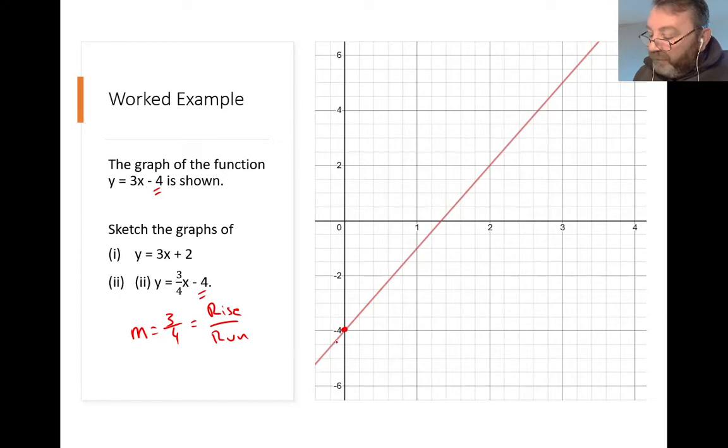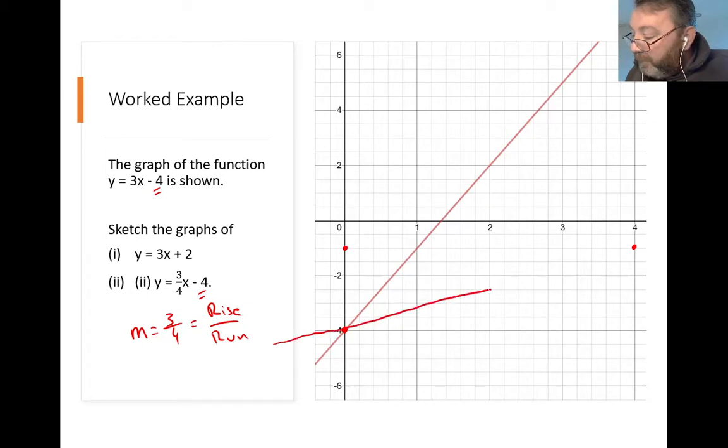So if I take my starting point as minus 4 on the y-axis, to get another point on the new line, I'm going to rise up 3 units. Now again, rising up 3 units brings me to here, and I'm going to run out 4 units this time, which brings me to here. So the new line is now going to look something like this.